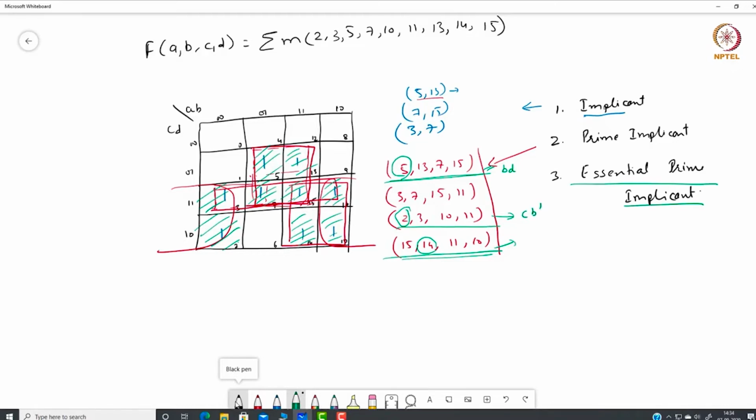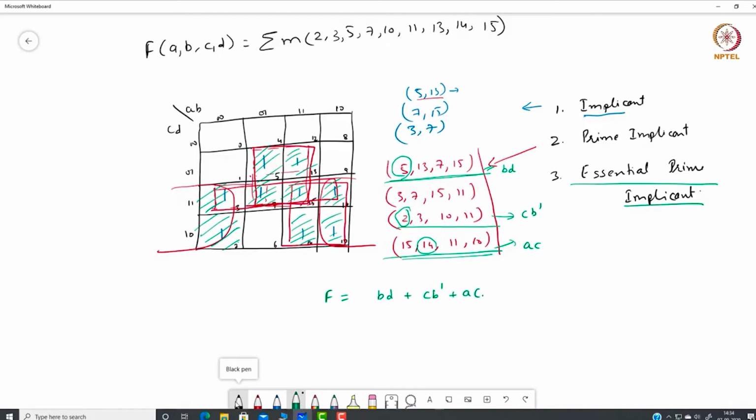For 14, 15, 10, 11, the invariant part is A and C. So the final function f I can write as BD plus CB dash plus AC.